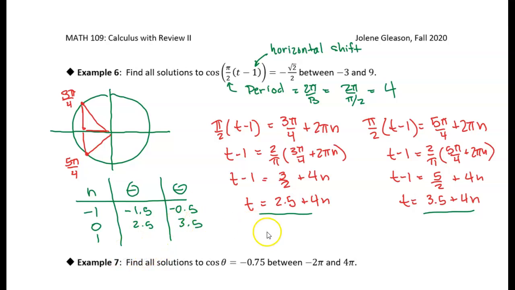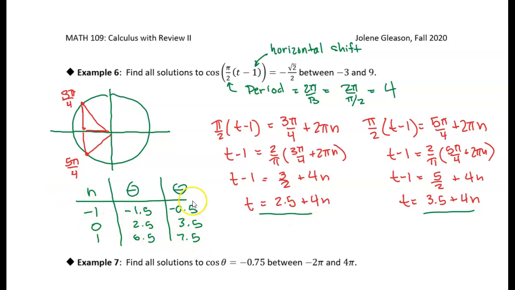Going back by more would just be subtracting another 4, and that would take me too far back. Let's go forward by a period. If n equals 1, here I get 6.5, and here I get 7.5. If I add any more 4s to either one of those, I'm going to be beyond 9. So that's all I need.